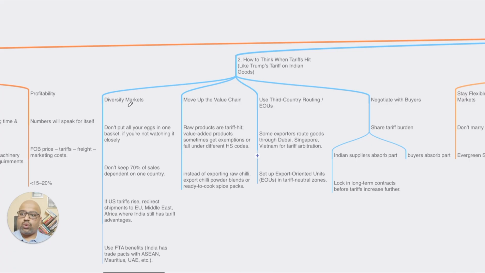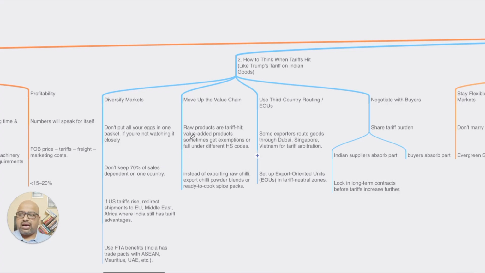So now what I suggest is to look at diversifying your markets. When 70% of your business is coming from one single market, why are people more worried now? Because the US was the buyer for more than 70% of the business, all in one single market. That's why people are getting a pinch.